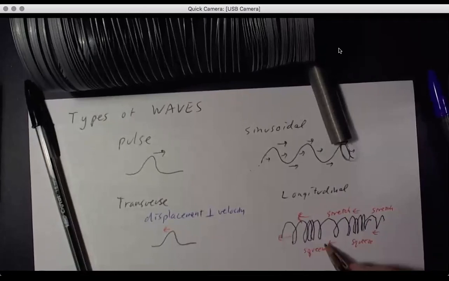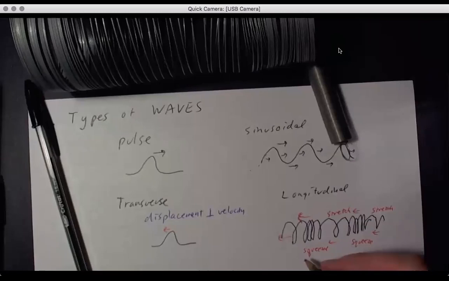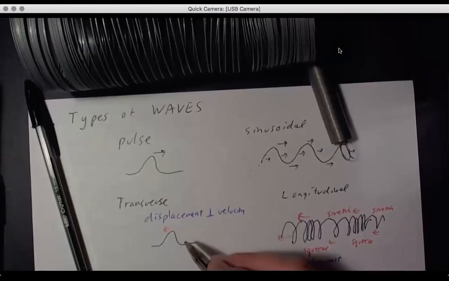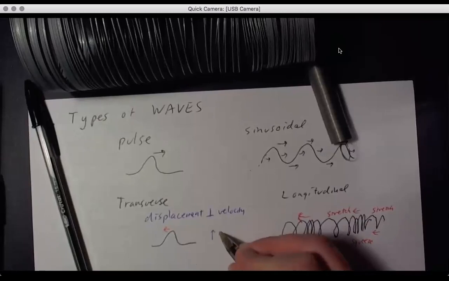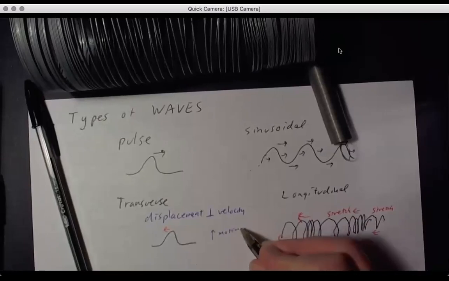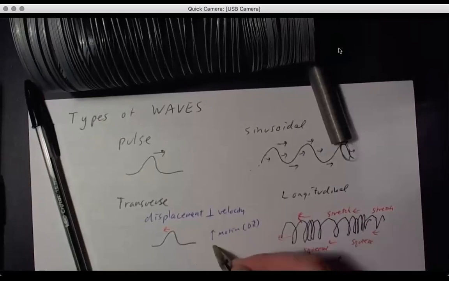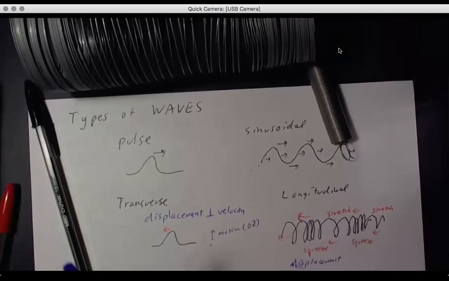And so here the displacement, which is the motion of the spring, right? The motion of the spring here is perpendicular, so motion, which is displacement, and velocity.